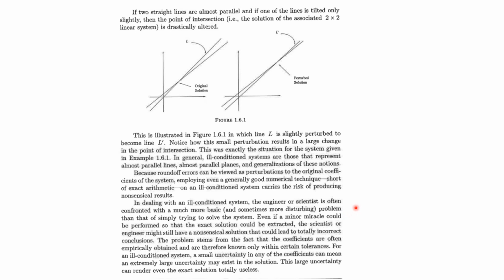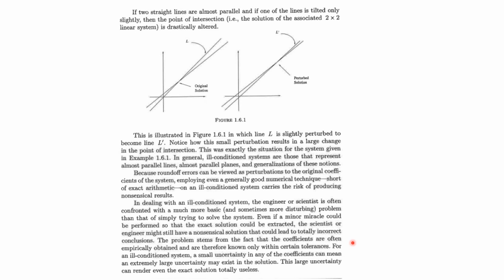Now, in dealing with an ill-conditioned system, the engineer or scientist is often confronted with a much more basic and sometimes more disturbing problem, and that is simply trying to solve the system. Even if a minor miracle could be performed so that the exact solution could be extracted, the scientist or engineer might still have a nonsense solution that could lead to a totally incorrect conclusion.